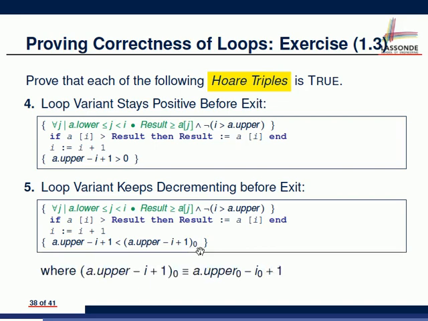But to be easier for you to prove, if you apply old, that means apply the old to every variable over here. That means you get a.upper 0, i 0, and 1, right? But now since we know that a.upper never changes, you can just say a.upper minus i 0 plus 1. Okay? Just a little trick to show you.